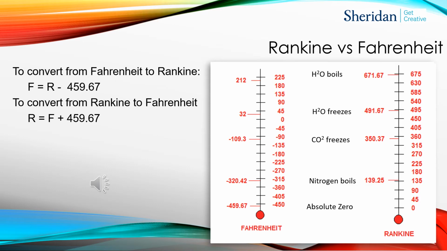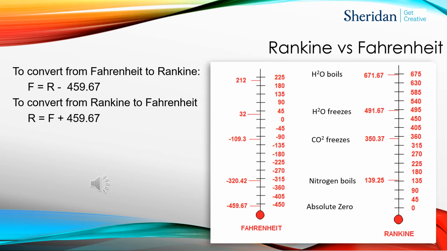Rankine versus Fahrenheit scale. Notice to the right there's a comparison between the Rankine and the Fahrenheit scale. Note, on the Rankine scale, absolute zero, the theoretical temperature, is compared to minus 459.67 degrees Fahrenheit. Looking up towards where it says H2O, water freezes, on the Fahrenheit scale it's 32 degrees.